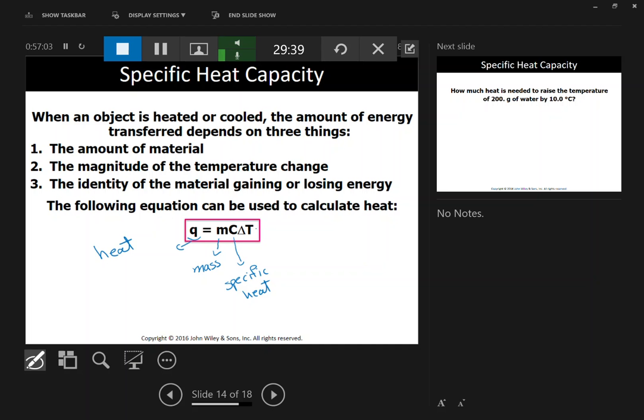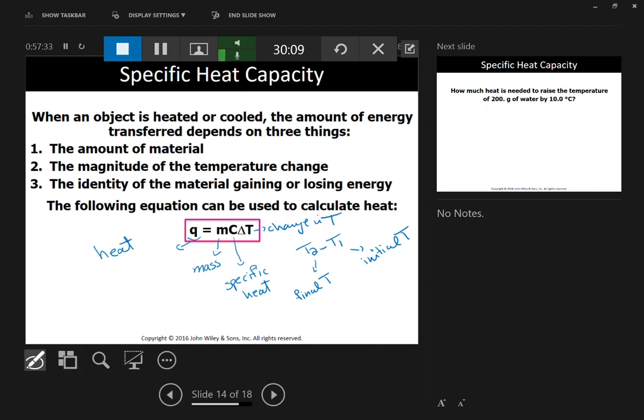Now delta T represents the change in temperature, meaning how hot or how cold you're going to get something. Delta T is defined as T2 minus T1. T2 is the final temperature and T1 is the initial temperature.